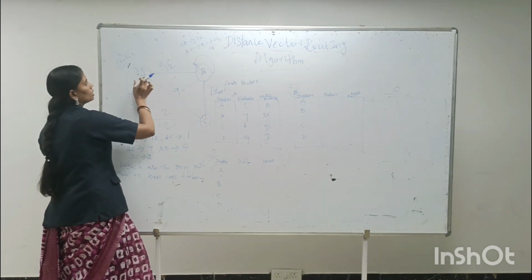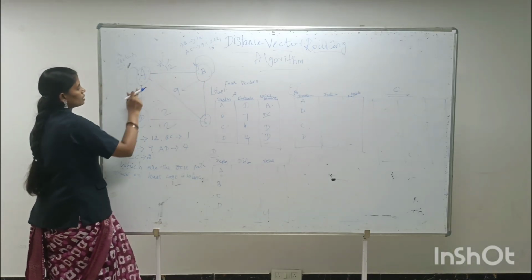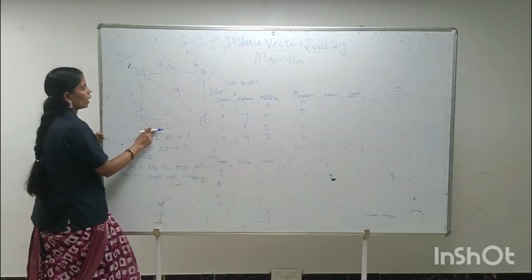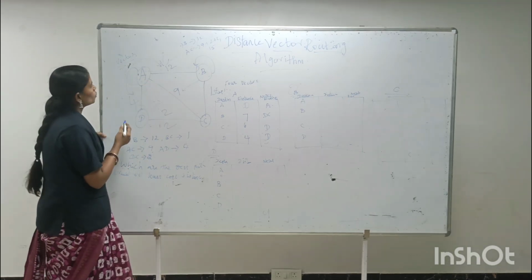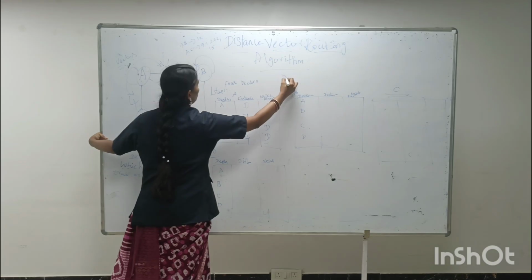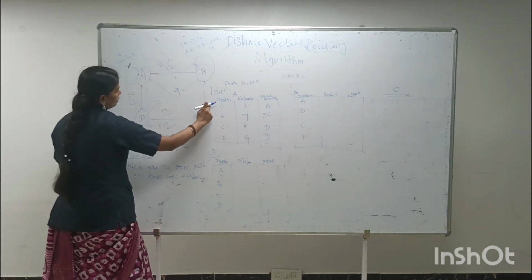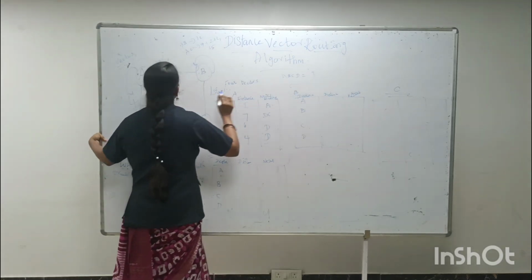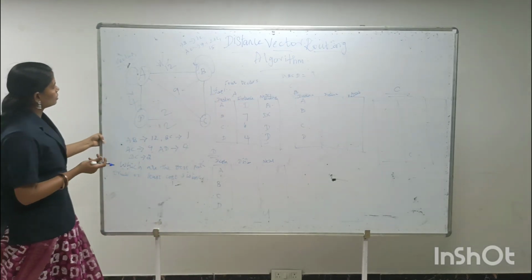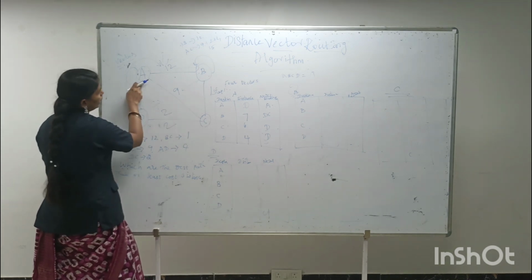A to B we can directly write 12, and here 12 plus 4 is 16, 16 plus 2 is 18, 18 plus 1 is 19. This way is also possible. So A, B, C, D: the values will be 12, 13, 15, and 19.